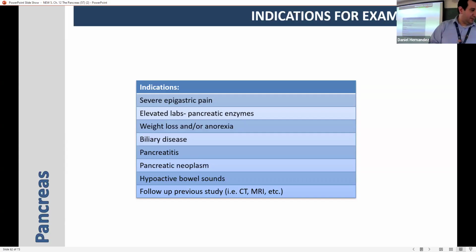When we want to assess and monitor pancreatitis, or look for pancreatic neoplasms. But those last two are not necessarily indications in and of themselves, unless we know about these things. So a follow-up to some of these other exams could be an indication.